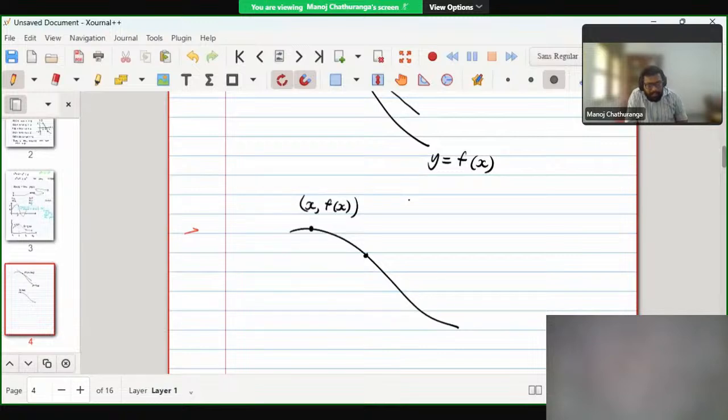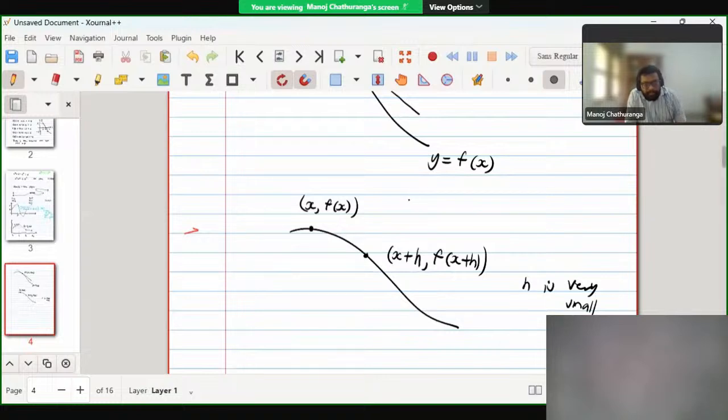It is very close to x, so you can say its x coordinate is x plus h, for a very small h. Then the function value is f evaluated at x plus h.